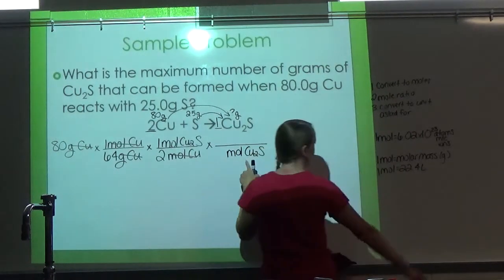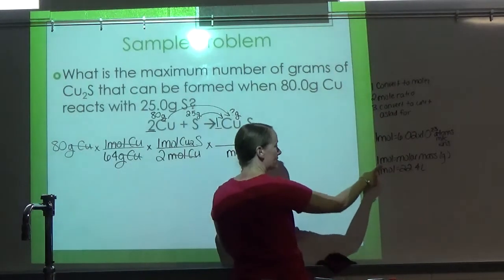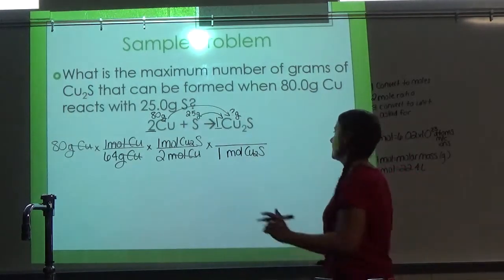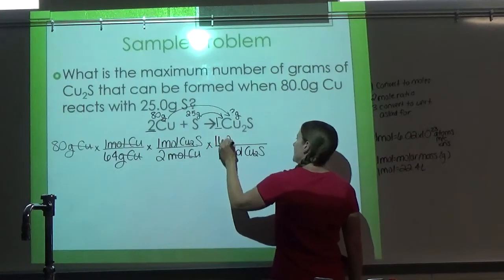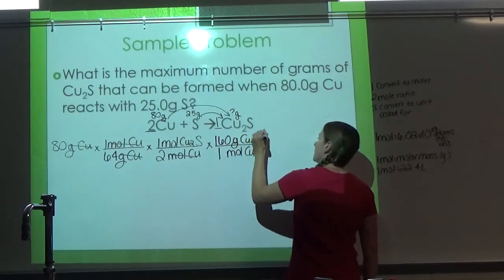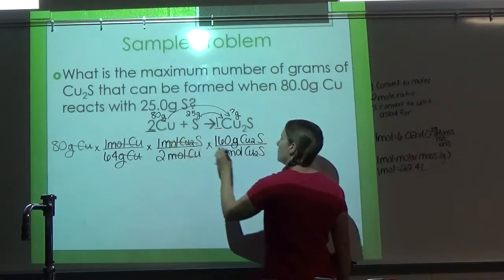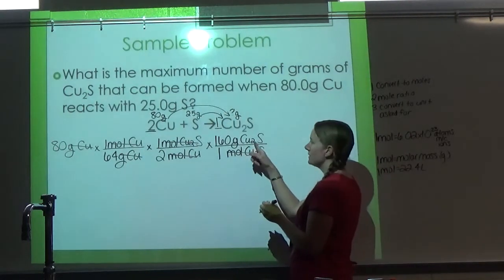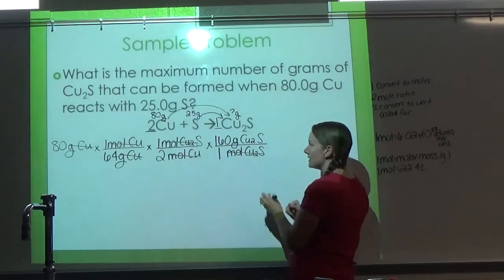So Cu2S, how many moles? Remember, molar mass always equals 1 mole. And whoops, what did I say for molar mass? Oh, 160. And then I put my 160 that I added up off the periodic table on top. So my moles of Cu2S cancel. I got grams of Cu2S like the question has asked me for.